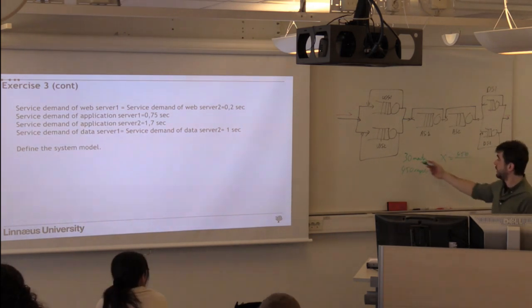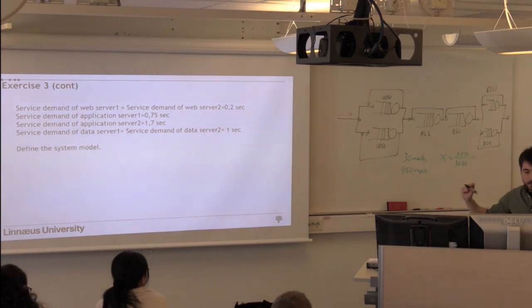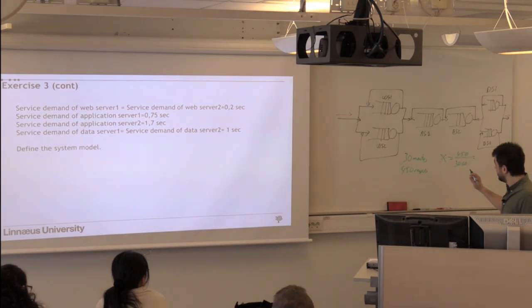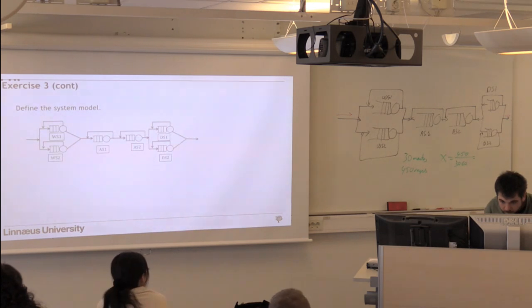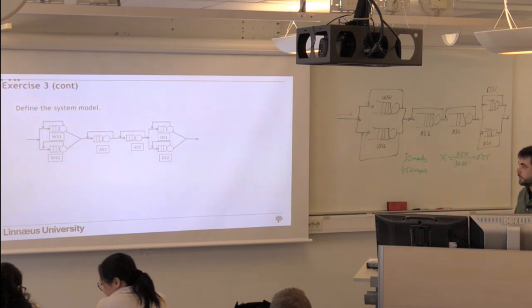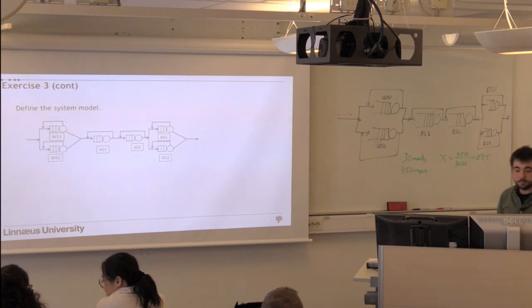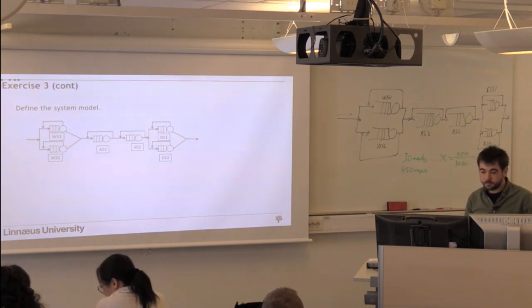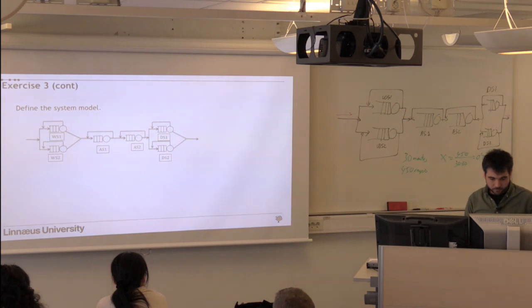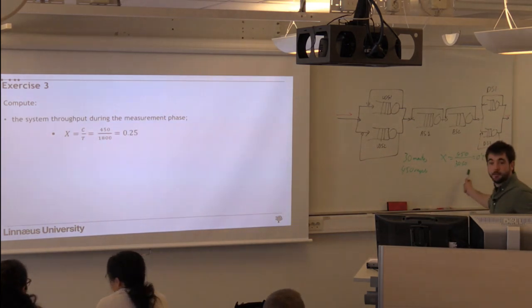We want it by second, 30 minutes times 60. This is 0.25. So a request every 4 seconds, 0.25 requests per second. 1,800 is the amount of seconds in 30 minutes, so 30 times 60.